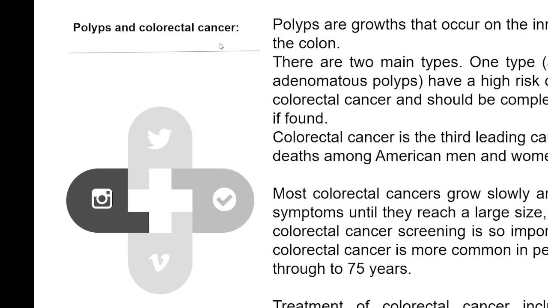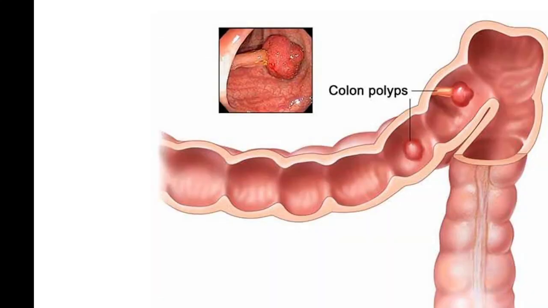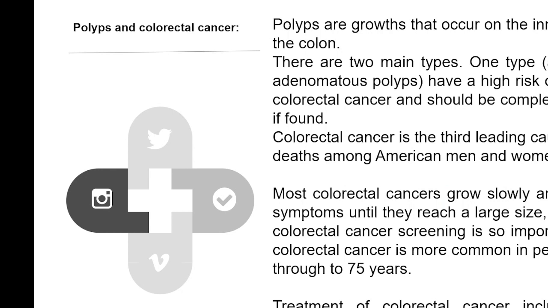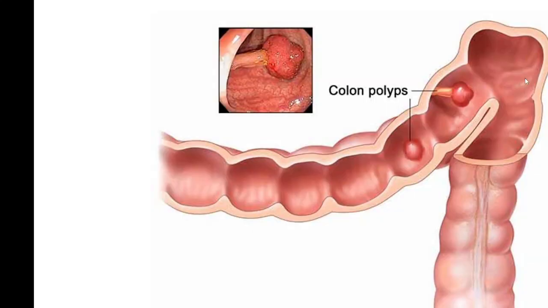So another is the polyp or rectal cancer. Here you can see that these are growths that occur on the inner surface of the colon.